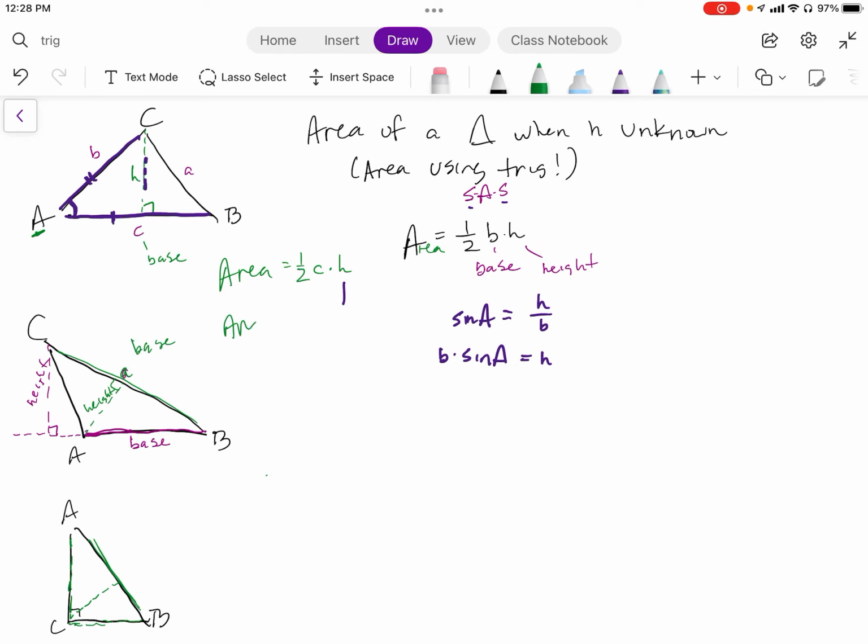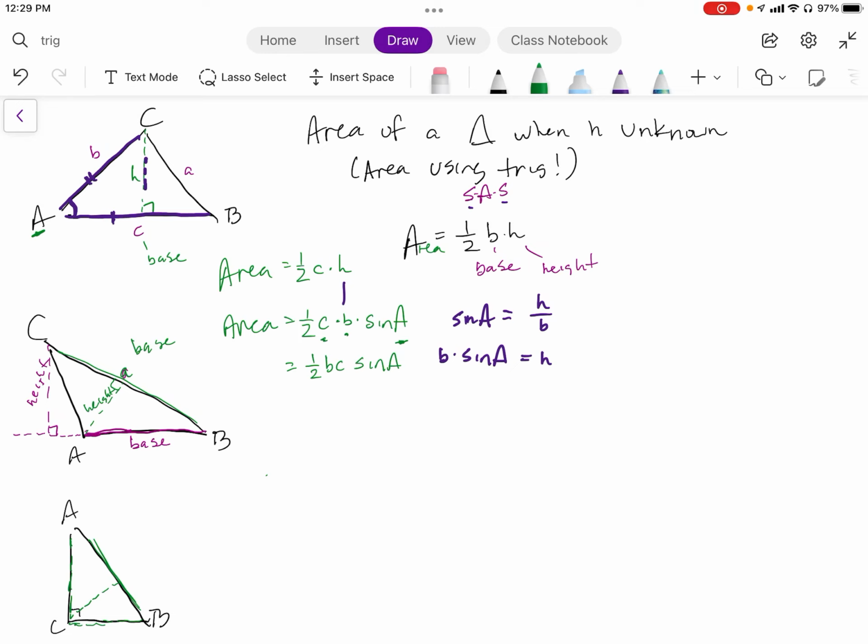Let me plug that in: 1/2 c times b times sine A. Notice, if I know the angle A, then I know the other two sides b and c. Usually we write it in order, but it really doesn't matter: 1/2 bc sine A.